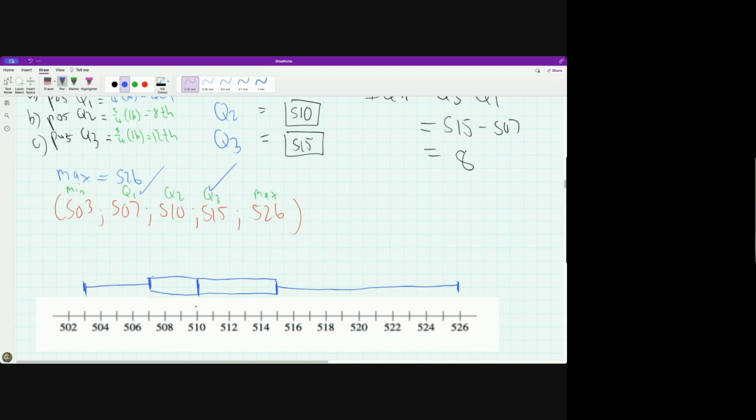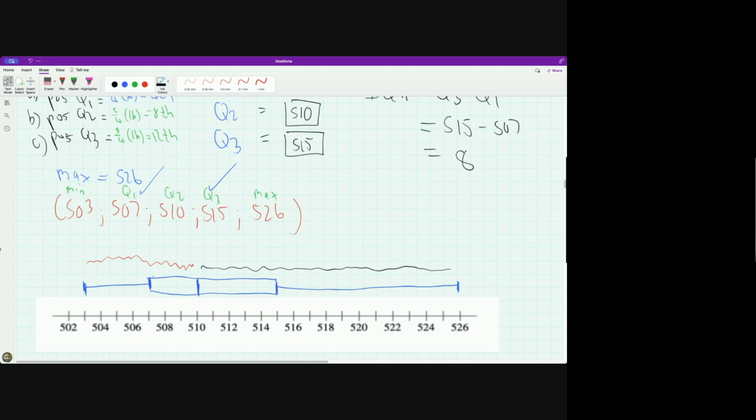Now, there's something quite interesting about this data set, because remember, if I look at this box and whisker plot, the top 50% is up here. That's the top 50% of data. And this is the bottom 50% of data, which is down here. What do you notice about the difference between the top 50% and the bottom 50% of data?